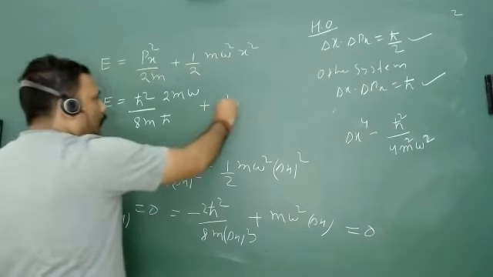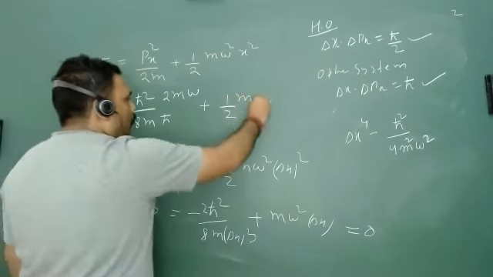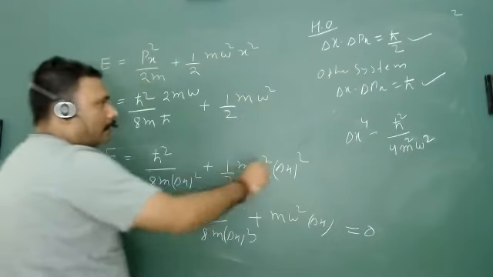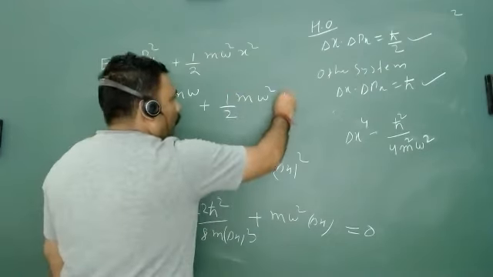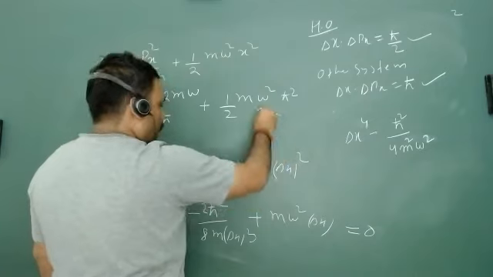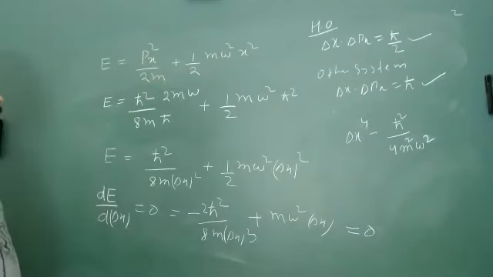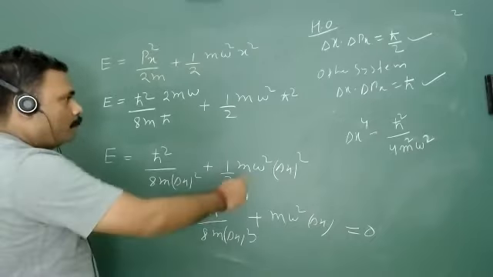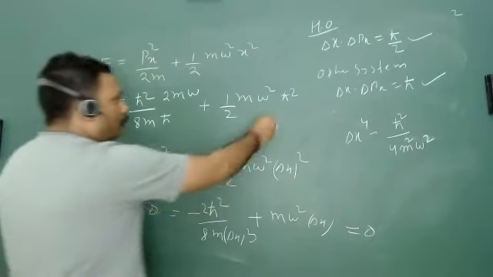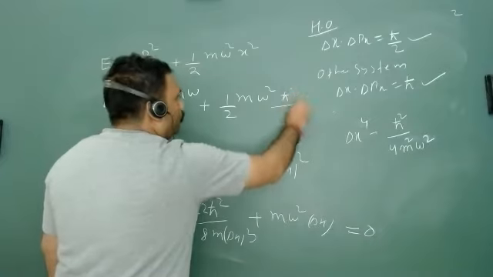So that will be half m omega square, and then you have again h cut square, h cut upon 2m omega.